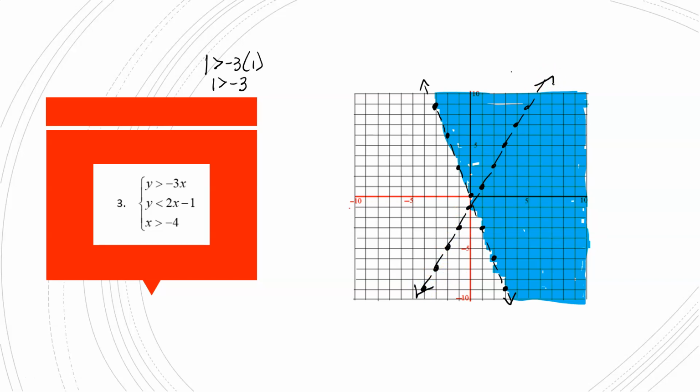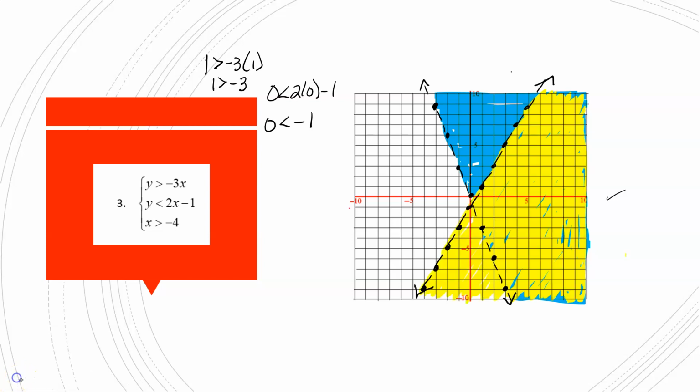All right, I can use my 0, 0 here. So I have 0 is less than 2 times 0 minus 1. So is 0 less than -1? No, it's not. So I'm going to color the side opposite of the test point, which is over here. So give me a chance to color, and I'll be back and show you what I did.